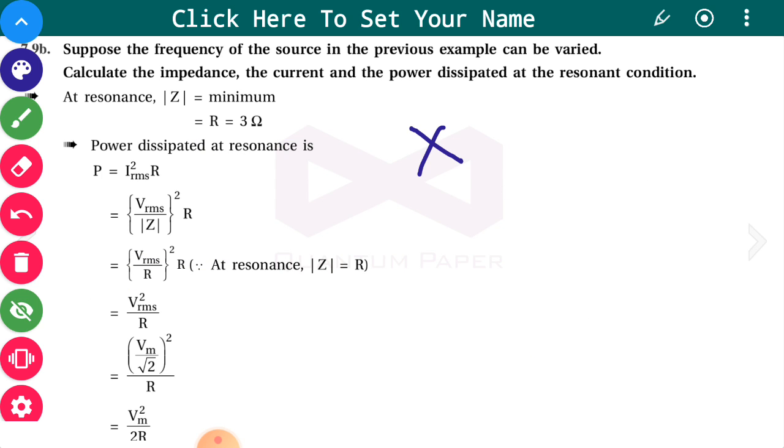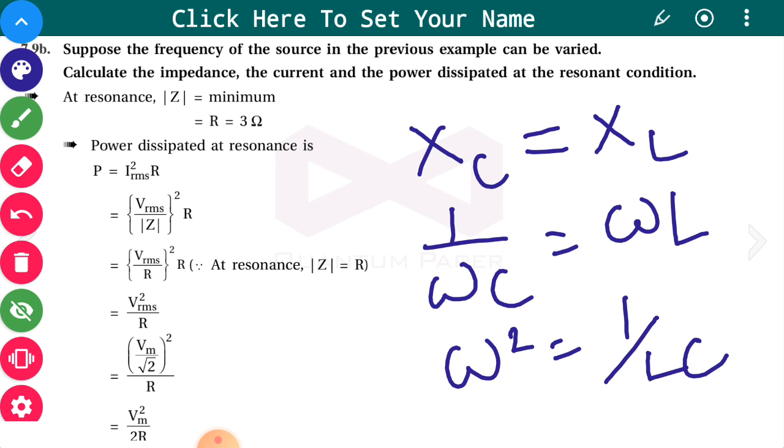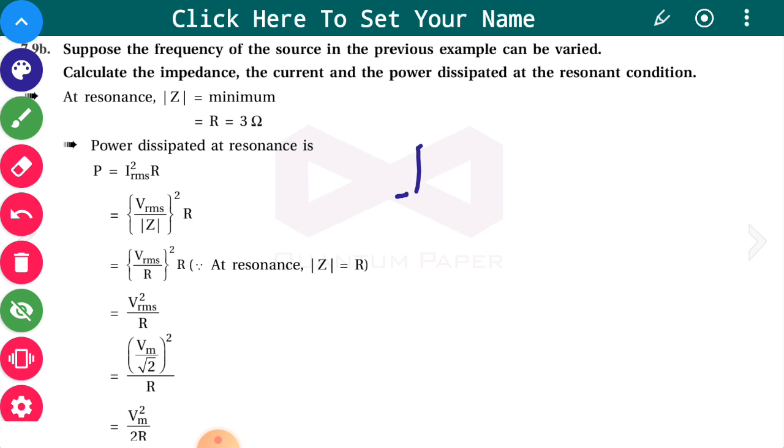For resonance, this is the condition. So 1 upon omega C is equal to omega L. So omega square is equal to 1 upon LC. Omega is equal to 1 upon under root LC.